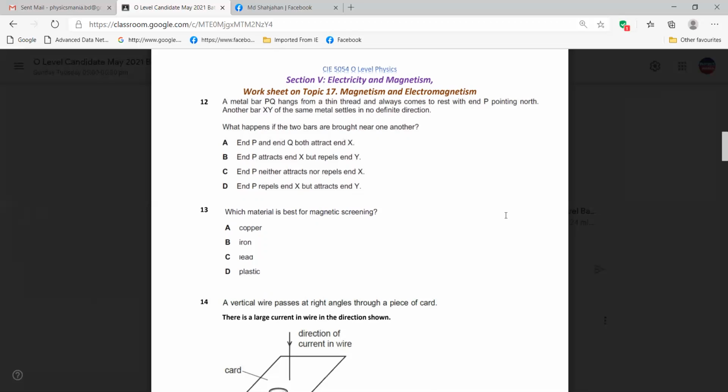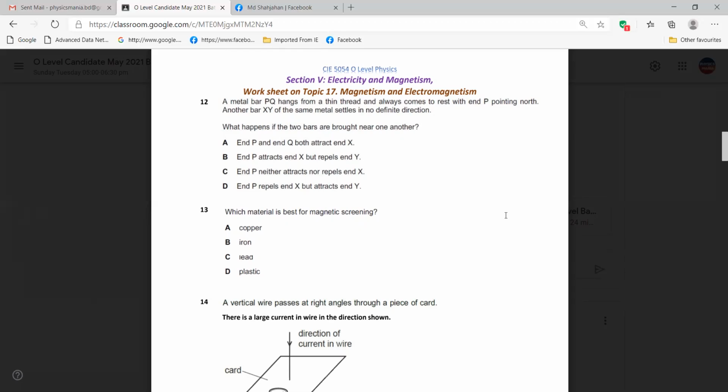Since the metal bar PQ comes to rest pointing north, I think the metal bar PQ is a magnet. Yes, of course. A magnet will definitely attract a magnetic material, no matter if it is in the x direction or y direction, right?